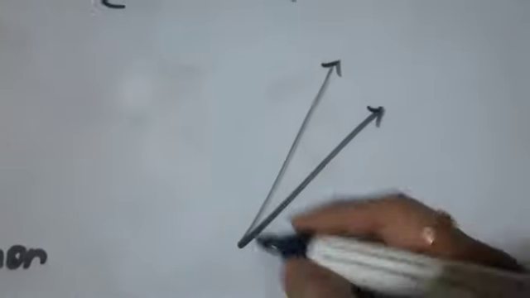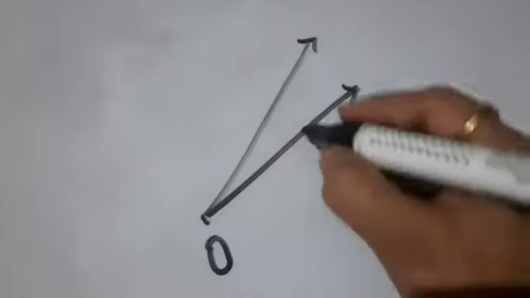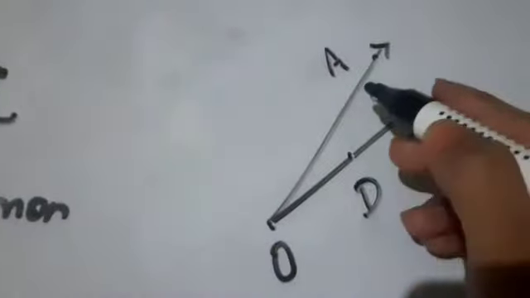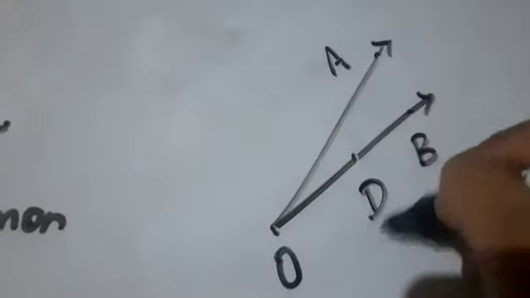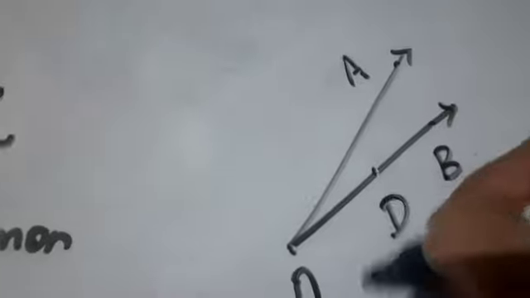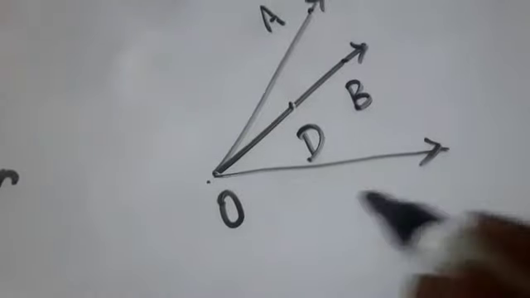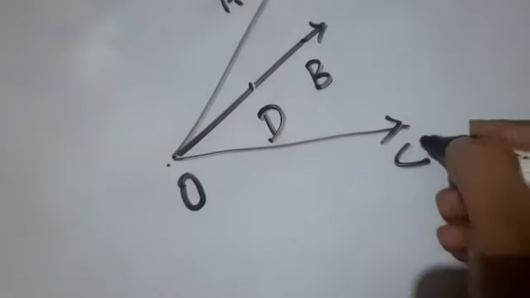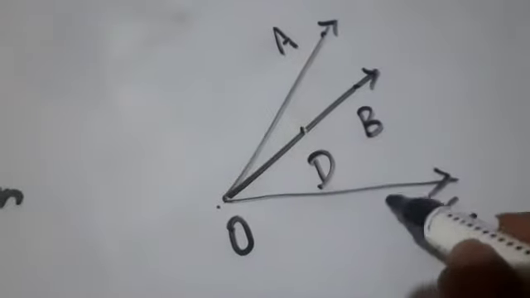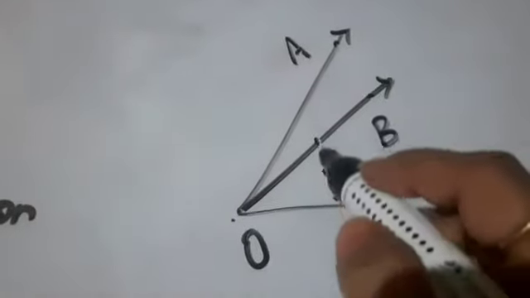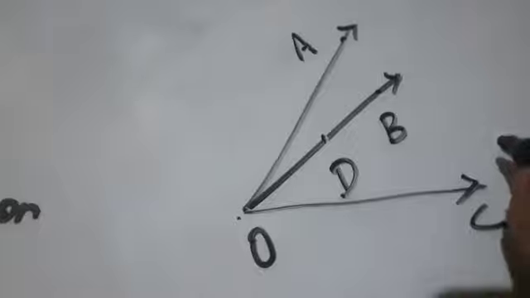I am drawing an angle and marking the points O, D, B and this point as A. Now I have formed an angle AOB, and in between O and B I have marked a point D. Then I am drawing a ray from O and marking it as C. So another angle is formed, BOC. So 2 angles I have drawn and I have marked 5 points in them.